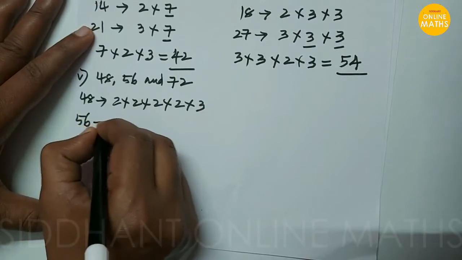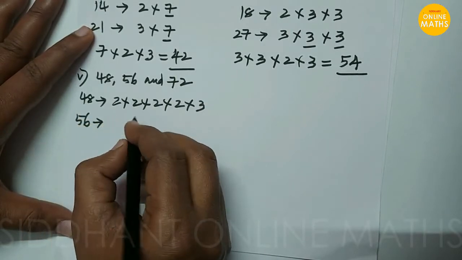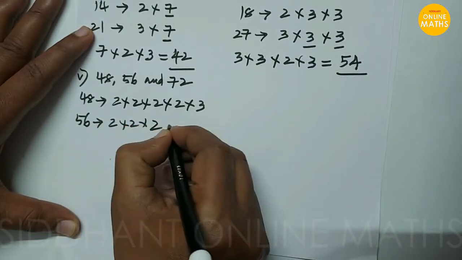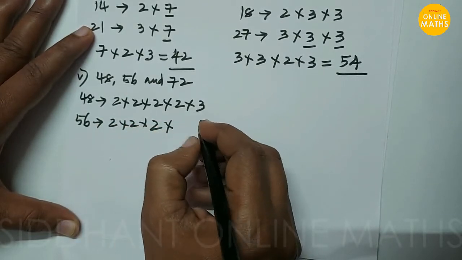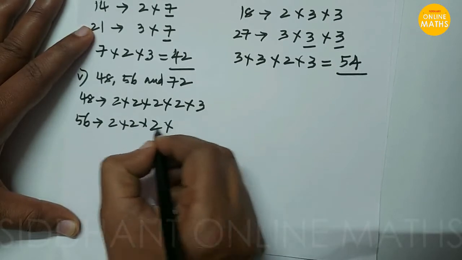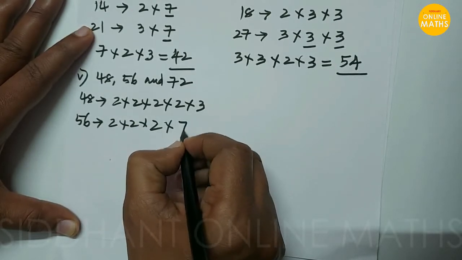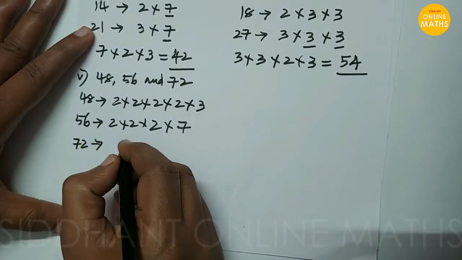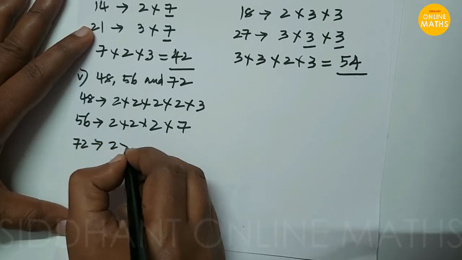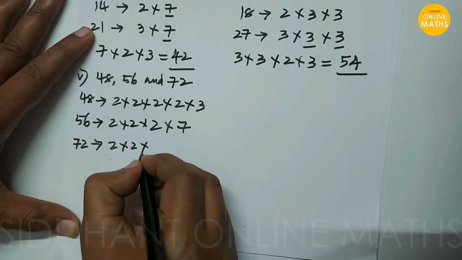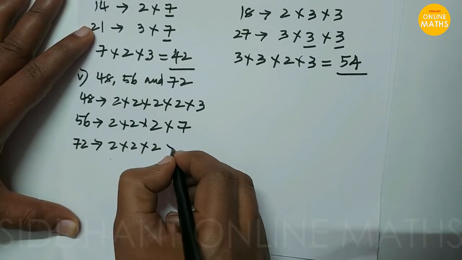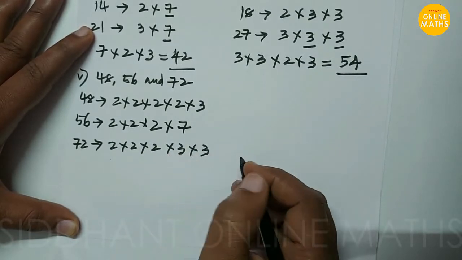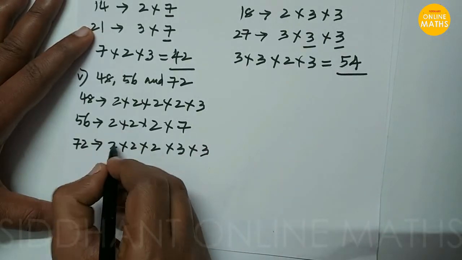For 56 the prime factorization is 2 into 2 into 2 into 7. For 72 it is 2 into 2 into 2 into 3 into 3.